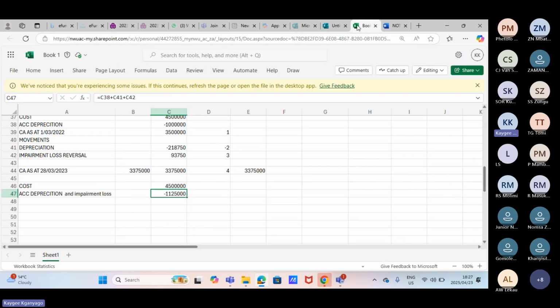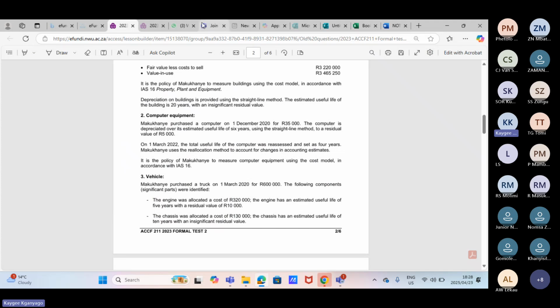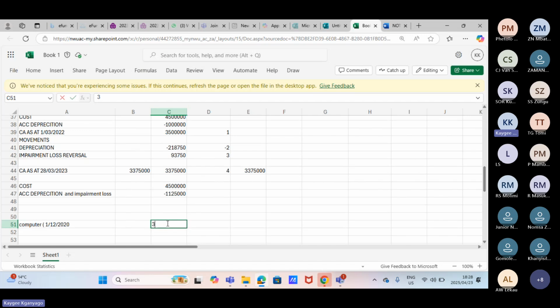Let me just do it here. This is for the computer. It was acquired on 1 December 2020. For how much? What was the cost? 35,000, right?